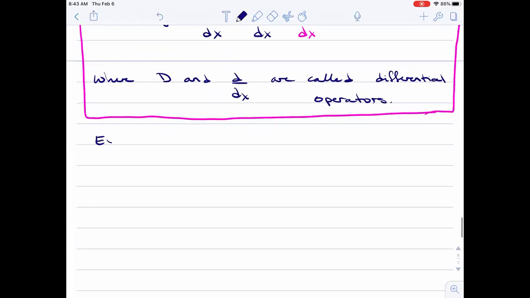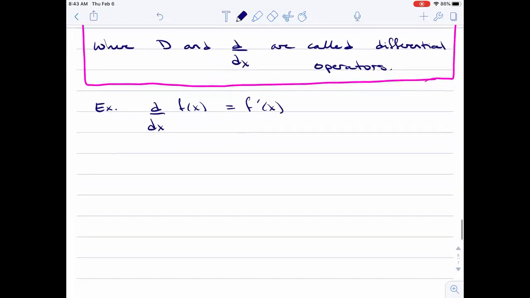So just to show you what things look like, if I have d dx of f of x, that's the same as f prime of x. Or even if I take d dx of f prime of x, that's going to be the second derivative.